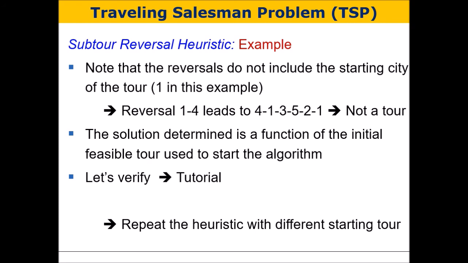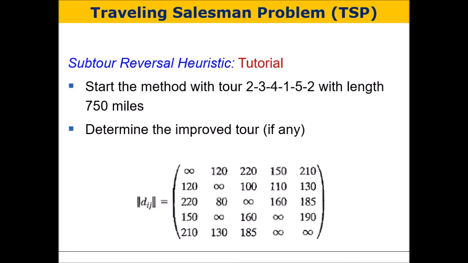And they may be the same, but also they may be different from each other because the final solution depends on the initial one. For this purpose, for example, start from this tour. The initial length of this tour is 750, and use the subtour reversal heuristic, and find the improved tour. Of course, there may not be any improvement.